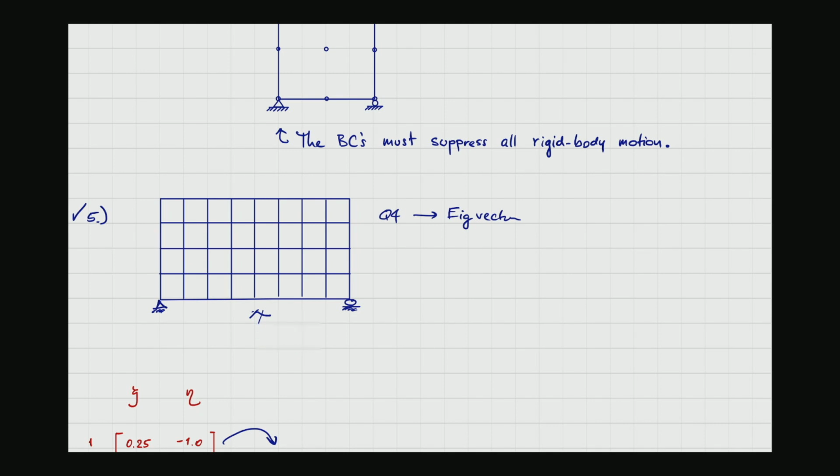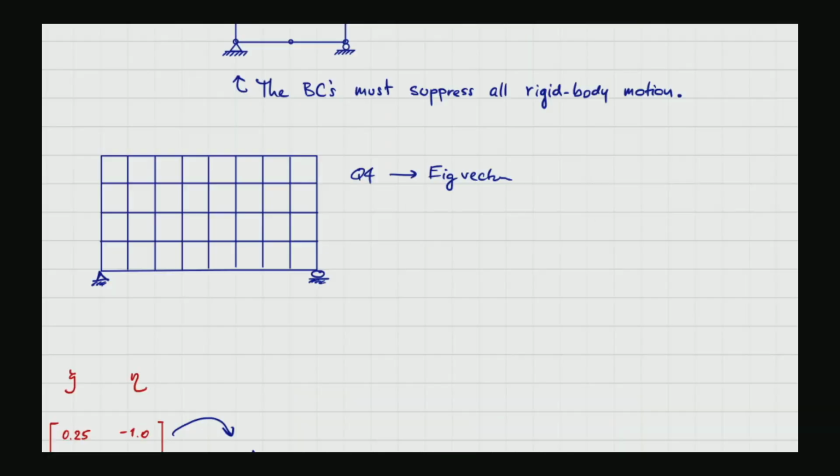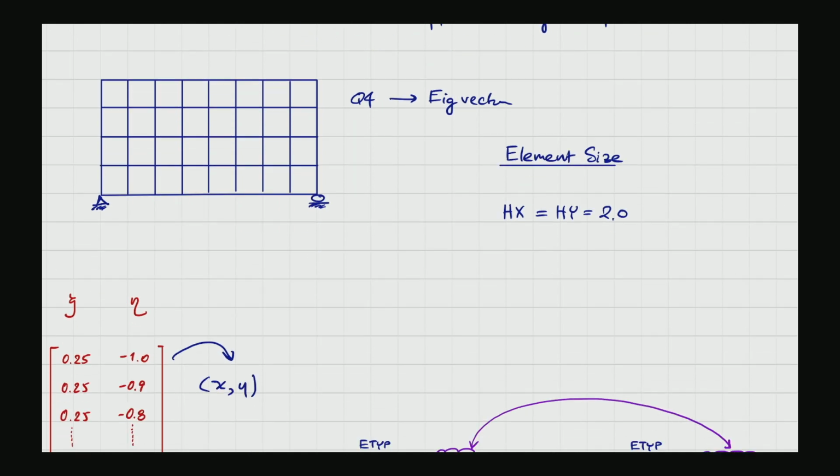Okay. What is the size? You might ask, what should be the element size? So the element size and properties: I need hx equals hy equals 2.0. Okay, this is the unit, 2.0 unit. E, the elastic modulus, I just call it just one single material, is equal to 100.